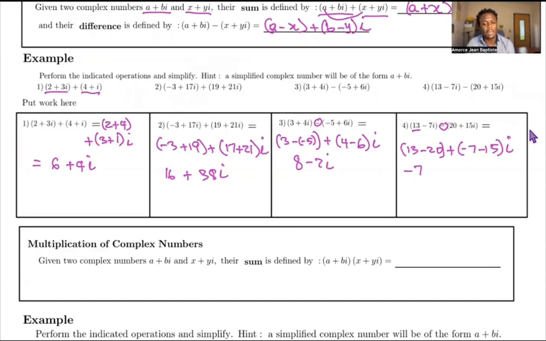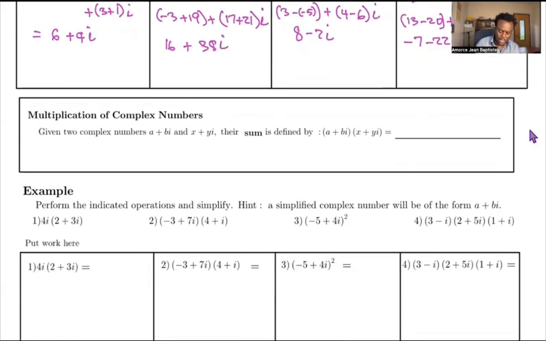We got -7 minus 15 is -22i. So that's how you add or subtract complex numbers. You add the real parts together and the imaginary parts together. And same thing with subtracting: subtract the real parts together and subtract the imaginary parts together.